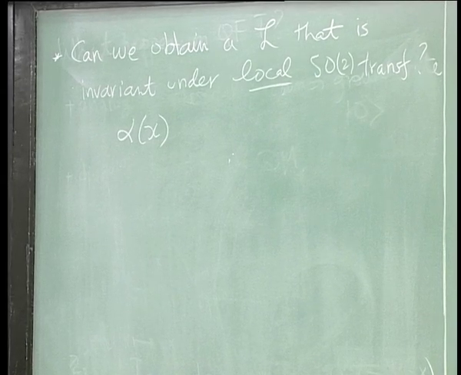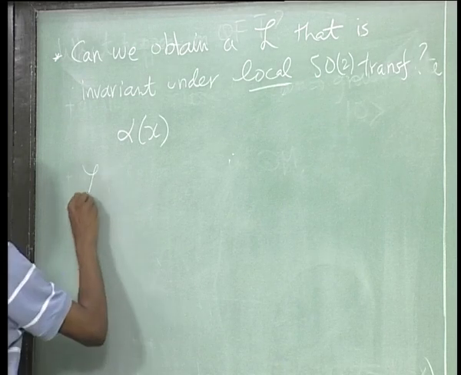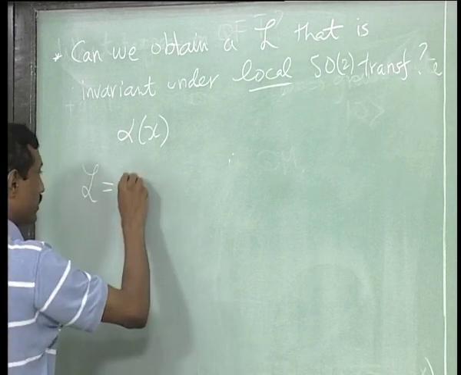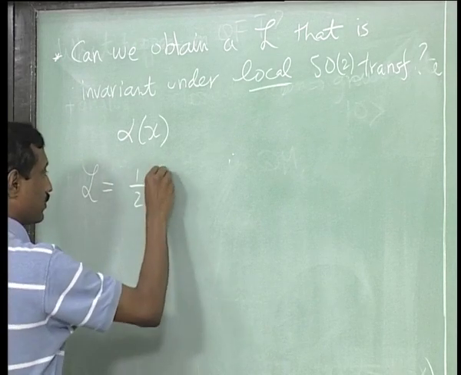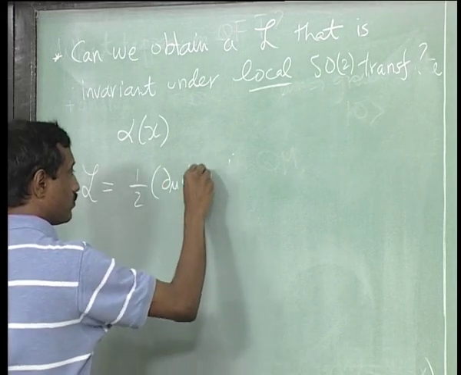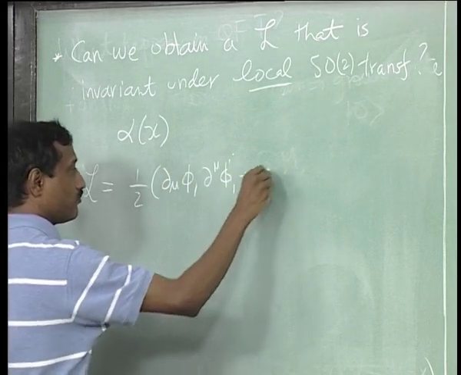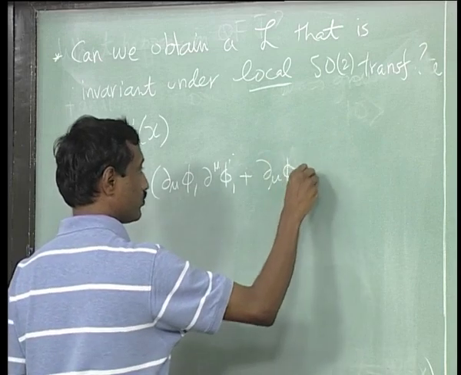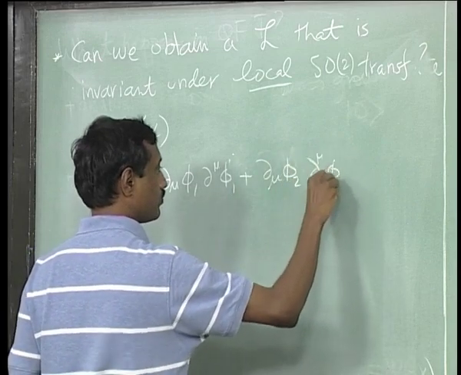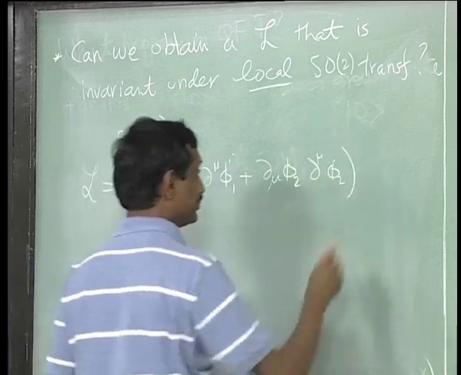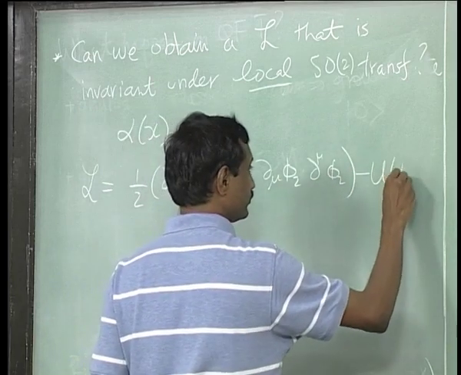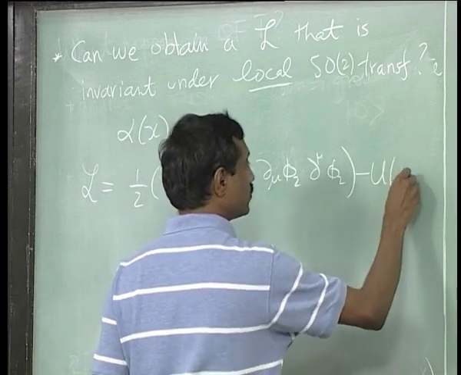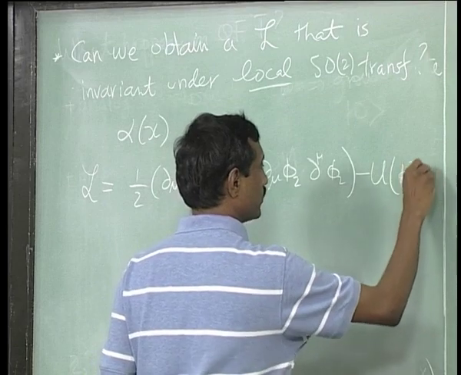Let us go back to the Lagrangian density and look at it. You were given that this looks like something like this, with a potential U, which is a function of phi 1 square plus phi 2 square.